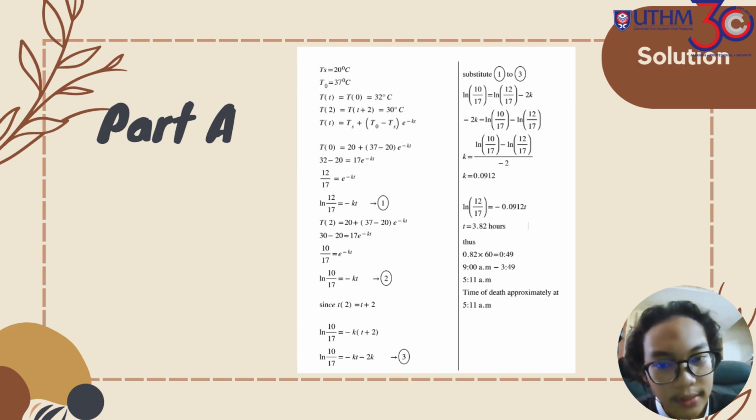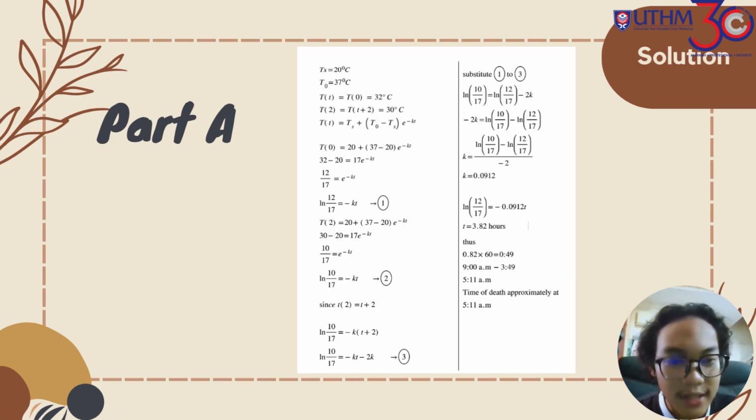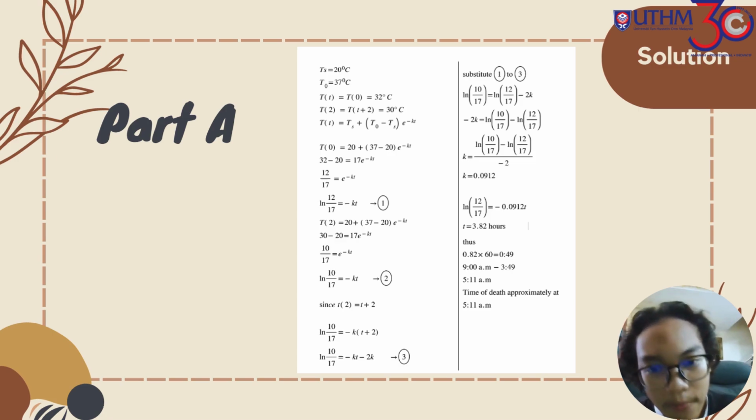We substitute the values into our formula, so we get 30 minus 20 equal to 17 e to the power of negative kt. Simplify just like the first equation. We get ln 10 over 17 is equal to negative kt. Okay, that is our next equation.